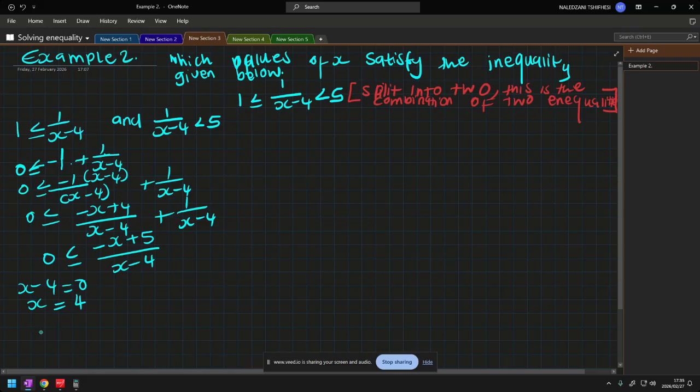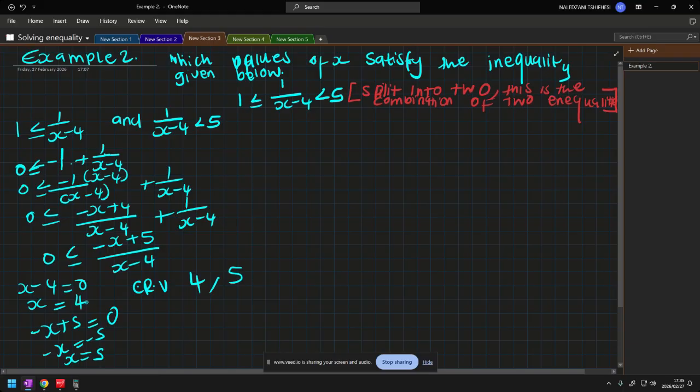And then we have another one, which is minus x plus 5 is equal to 0, then minus x equals minus 5, x is equal to 5, right? So the critical values for the first one are 4 and 5, right?